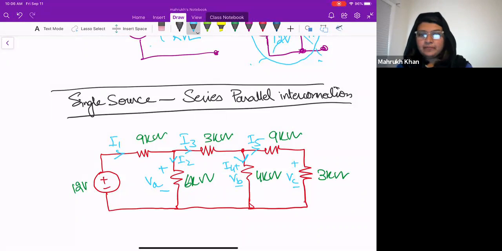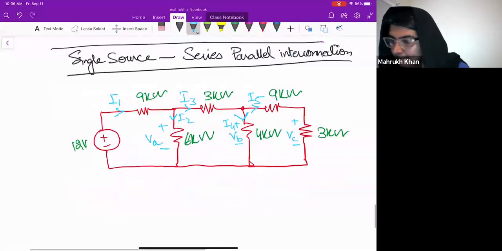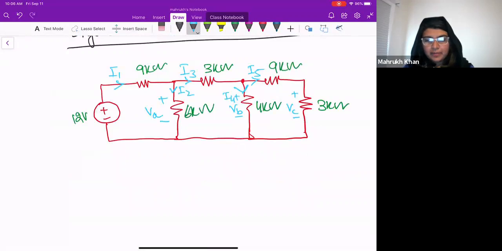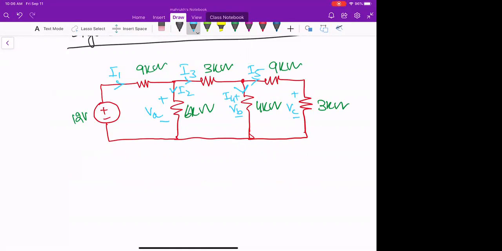First, as we don't know any currents or voltages, maybe we try to simplify the circuit and find out the total current, that is I1. How can we simplify the circuit? By finding the equivalent resistance.